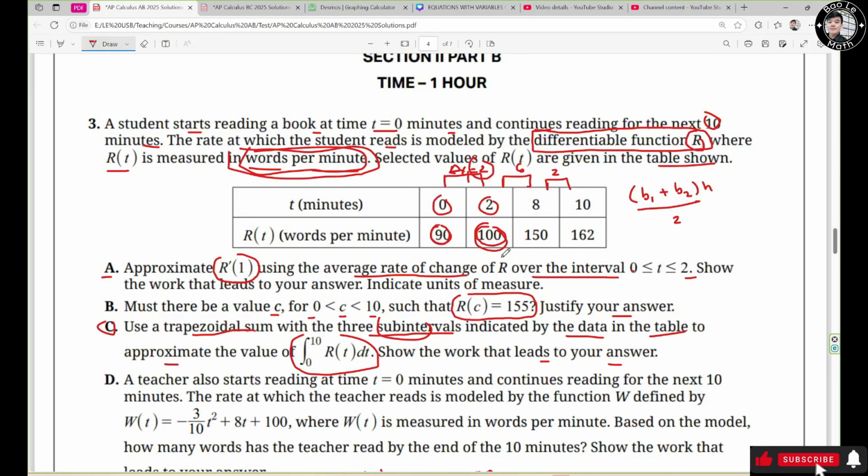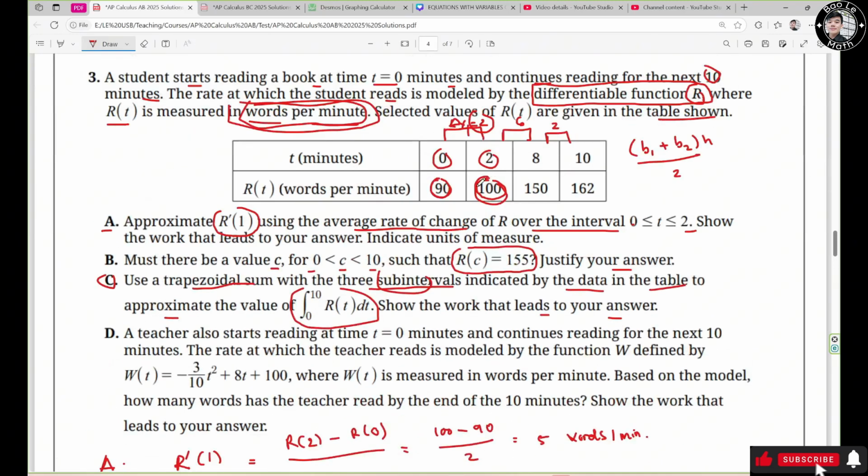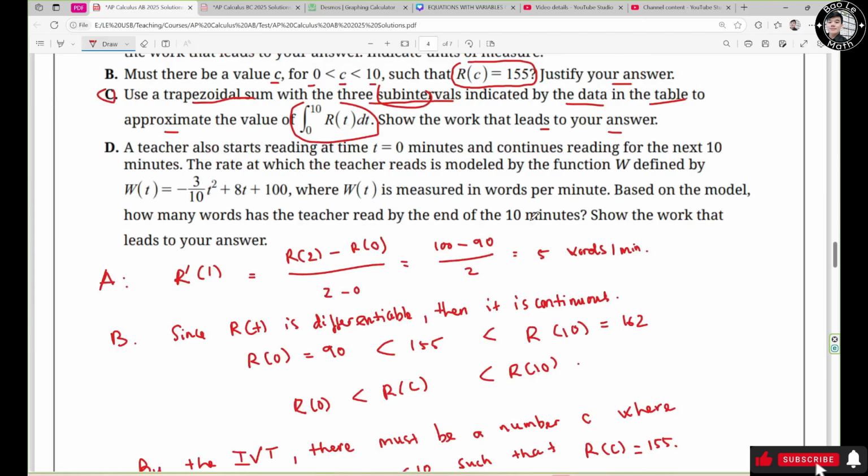So for question C, the integral from 0 to 10 of R of t dt is going to be base 1, 90, plus base 2, 100, times the height, 2, divided by 2, plus the second one: base 1 is 100, base 2 is 150, the height should be 6.